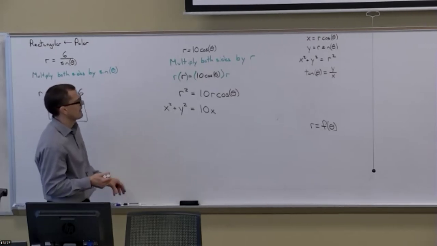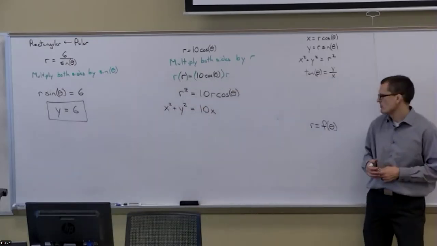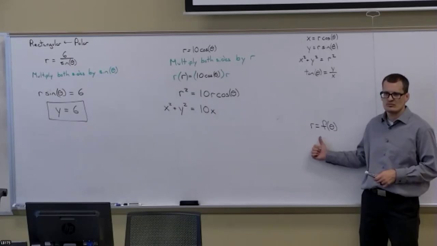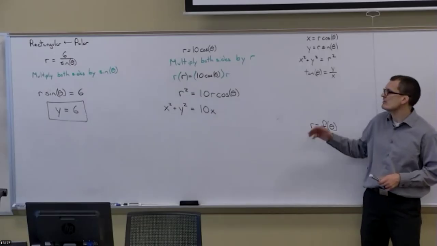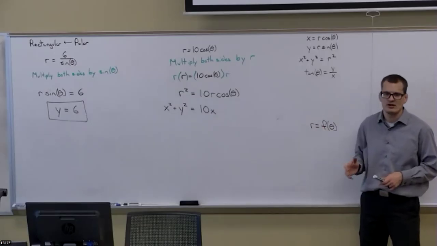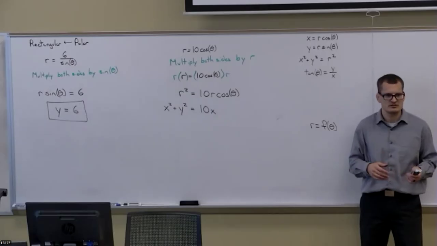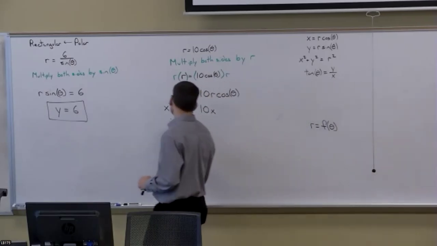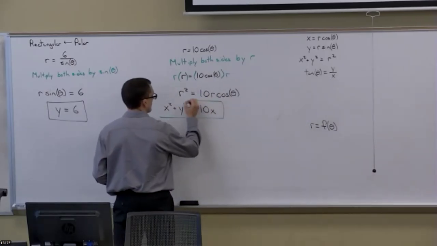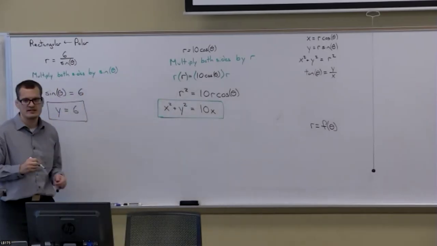By the way, when we converted everything into polar, we said let's write the standard version, r equals a function of theta. When you convert into rectangular, we will not solve for y. The standard version of y equals function of x, we won't do. So we'll just leave it alone. This would be my final answer. And then we move on.